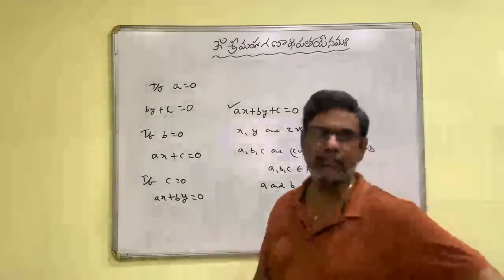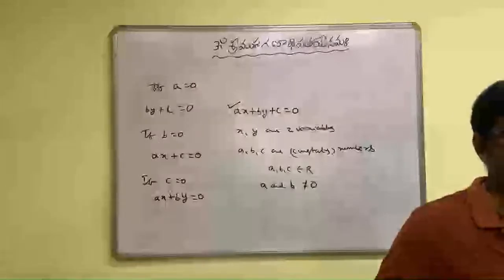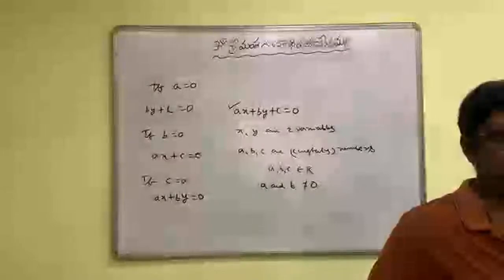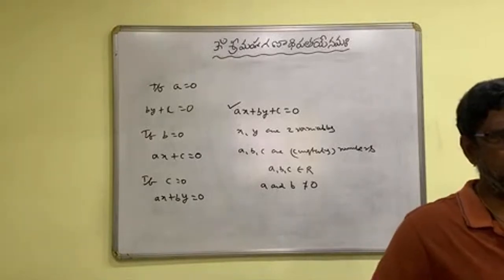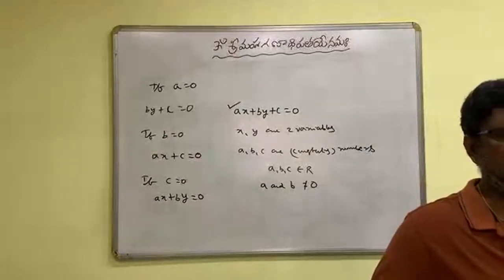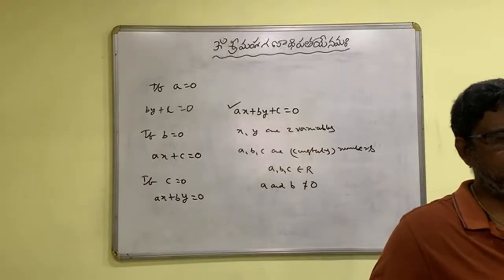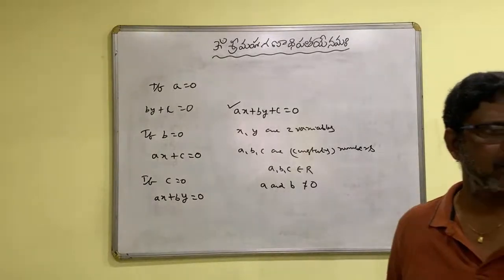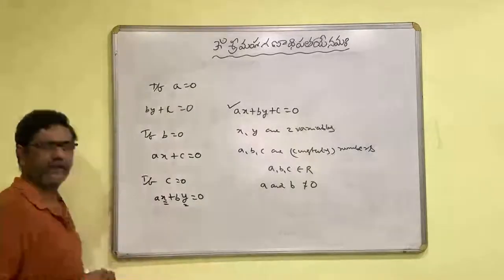Is it not a linear equation? It may be a constant, maybe a number. A number ఉంటే ప్రాబ్లమే కాదు. Both of them contain variables. No problem. We can call it a linear equation in two variables. We are observing two variables over here.